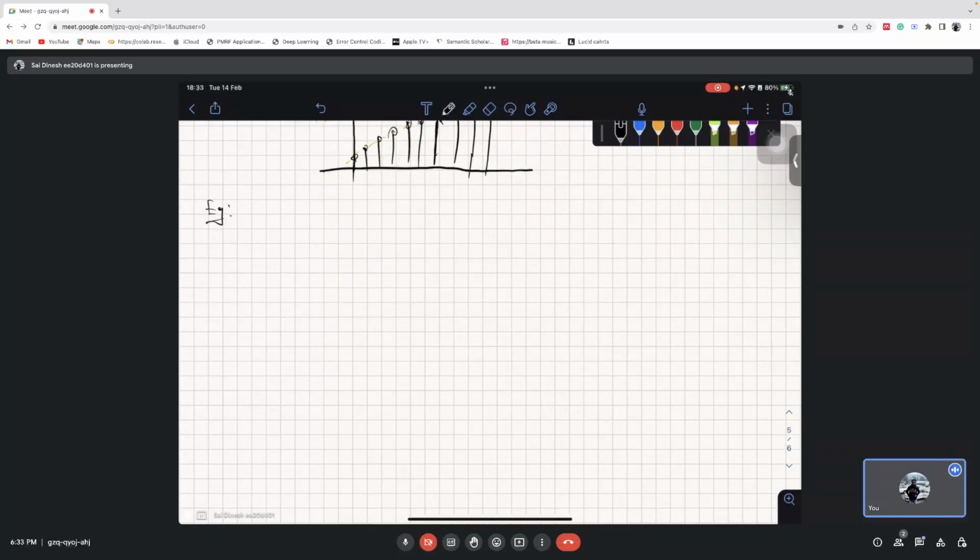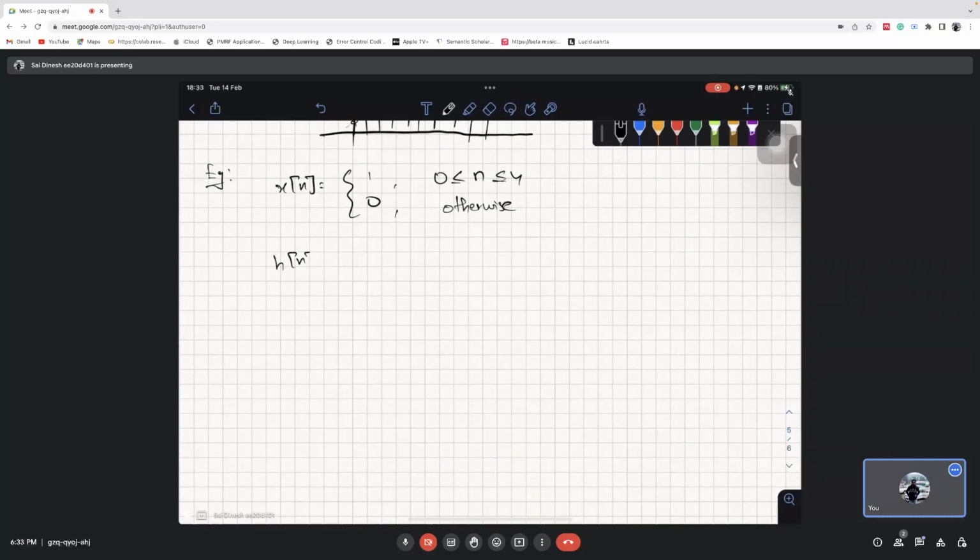Another example where x of n is 1 for 0 less than n less than or equal to 4, and 0 otherwise, then h of n equal to alpha power n for 0 less than n less than 6, and 0 otherwise. So both of them are finite length signals that we have right now, right?